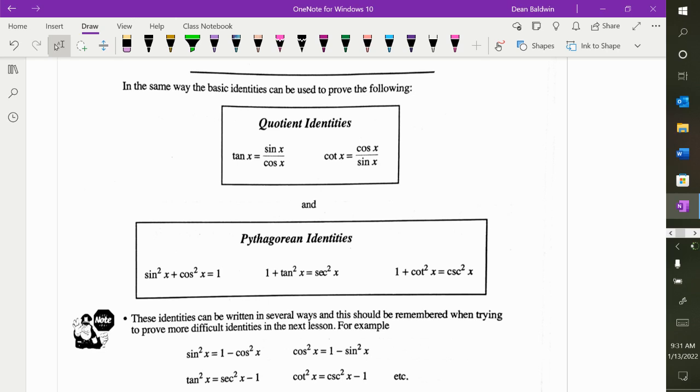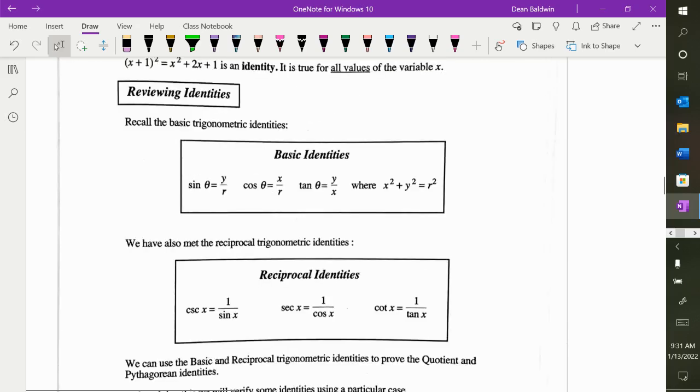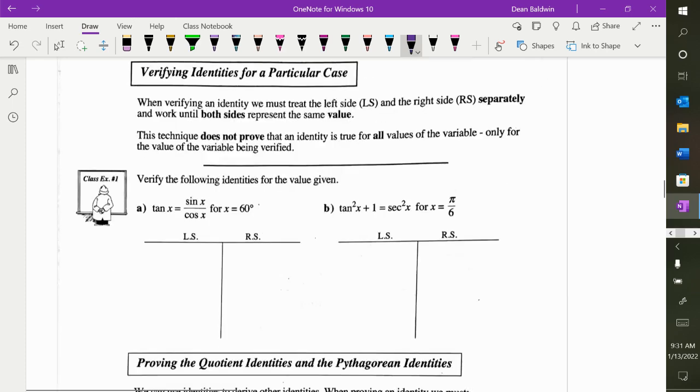Okay. I'm going to do a couple of quick reasons why, because they just throw these at you and don't show you why. If you look at the front page, sine is y over r, cosine is x over r, and tan is y over x.